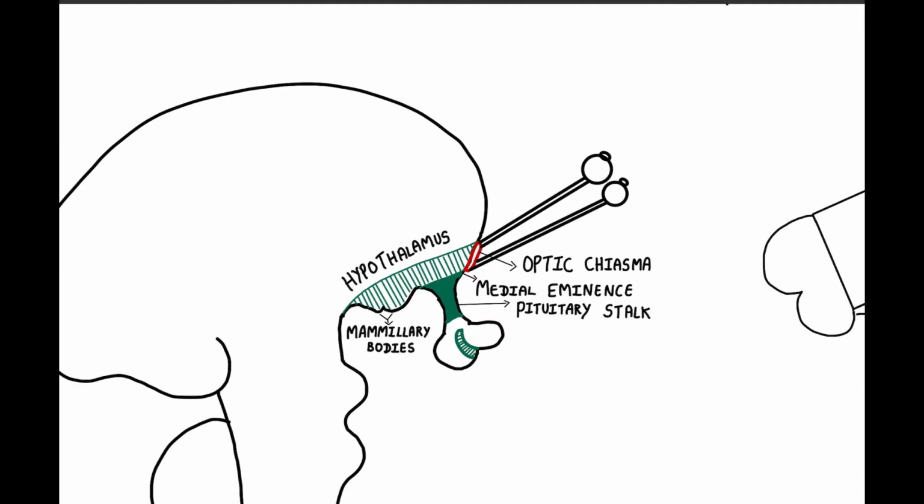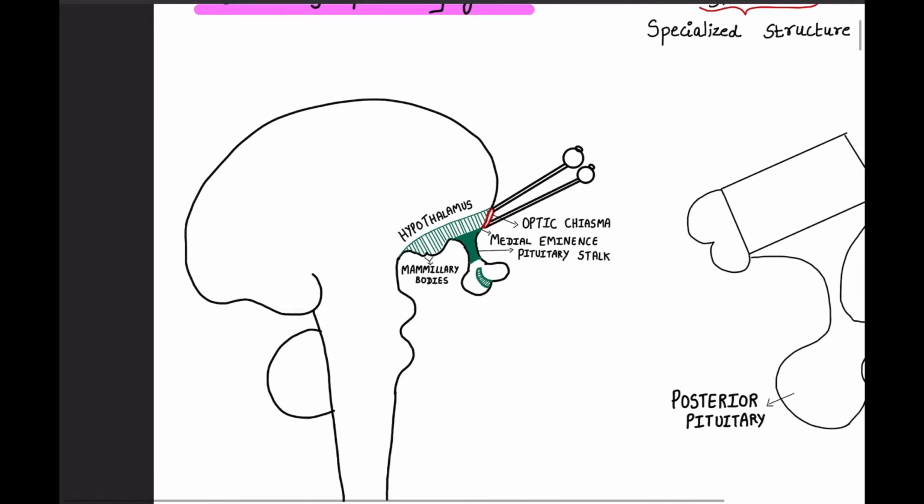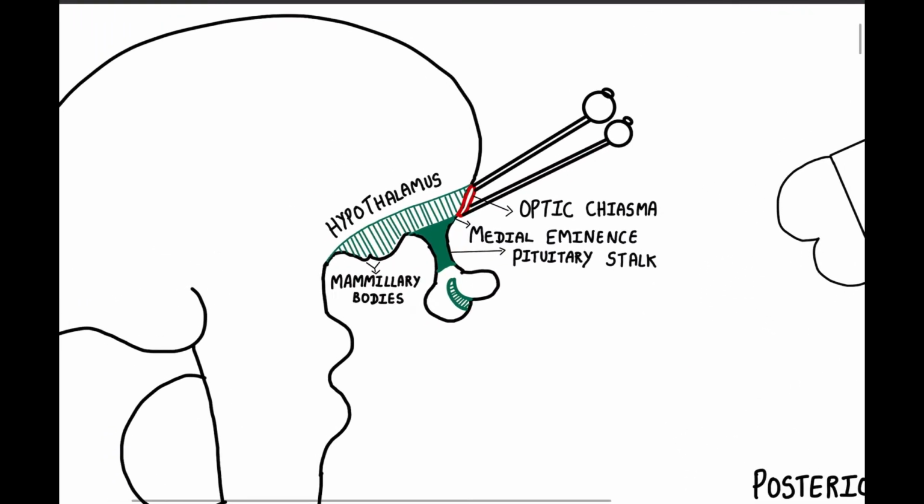So this is the front side, that is your anterior side, and there are mammillary bodies under the hypothalamus. The downward continuation of the hypothalamus is known as the median eminence, and there is a tubular part known as the pituitary stalk, and here you have the pituitary gland, and this is the anterior pituitary.